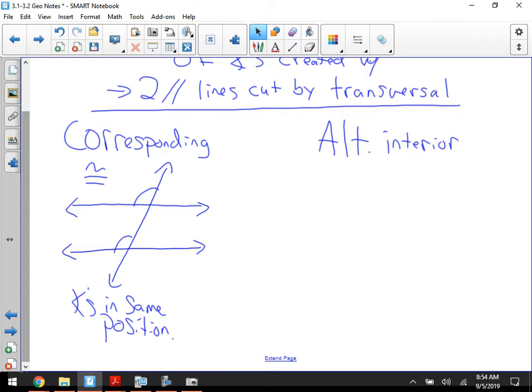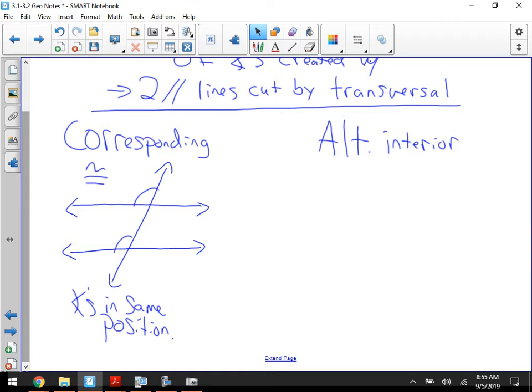What corresponds to 7? What corresponds to 4? What corresponds to 5? See how that works? Pretty easy, isn't it? And those measurements will always be the same. If angle 1 is 100 degrees, that means angle 5 is 100 degrees, which then also means that angle 7 is 100 degrees, which also means that angle 3 is 100 degrees. And that's how this stuff is going to move.